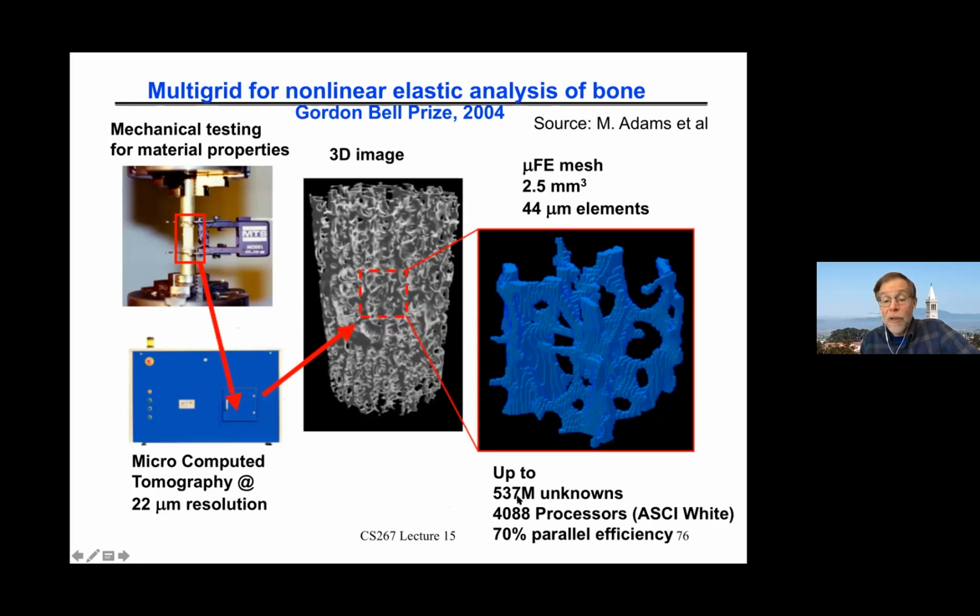It was basically 500 million by 500 million unknowns, to write down the equations for understanding the stress and strain and when this would break. They solved this system of equations using multigrid on 4,000 processors with 70% efficiency. And they won the Gordon Bell Prize in 2004 for the most interesting parallel application.